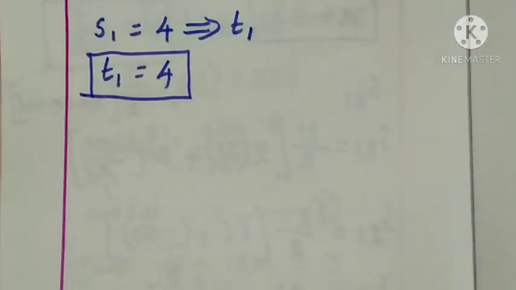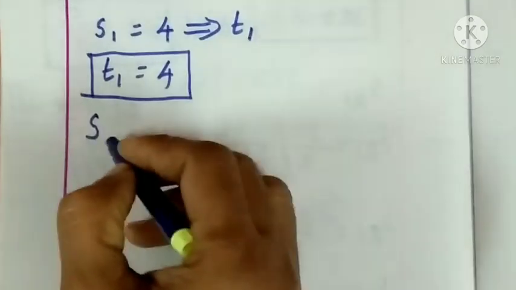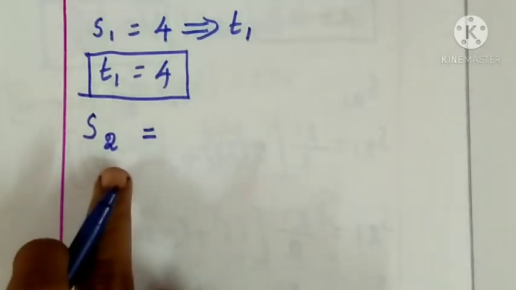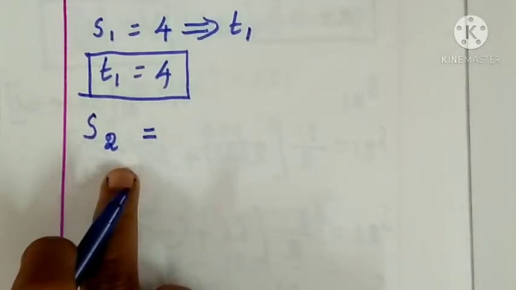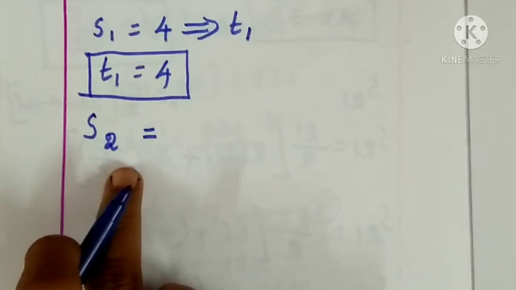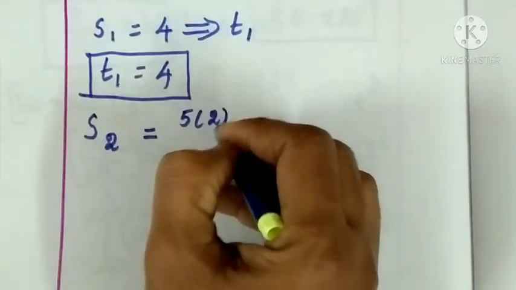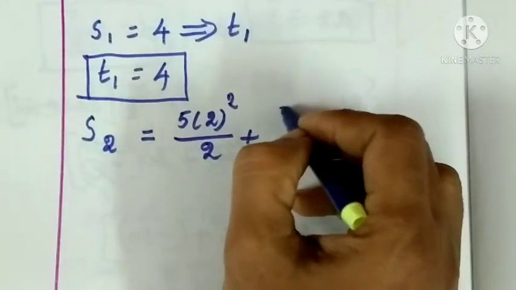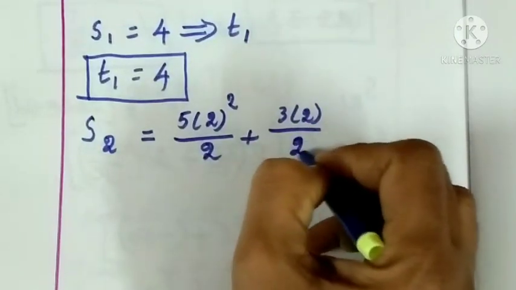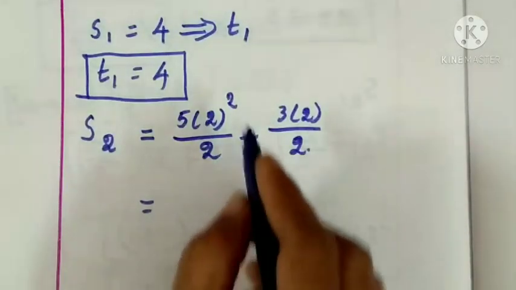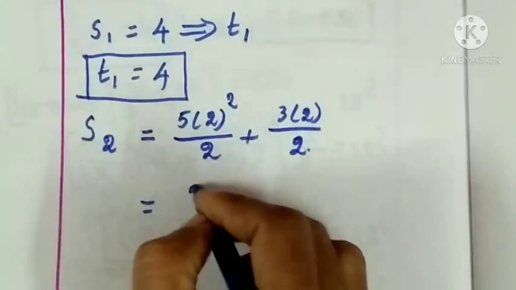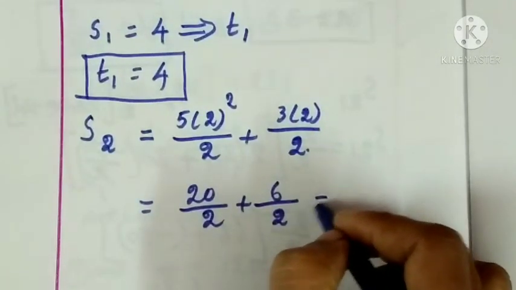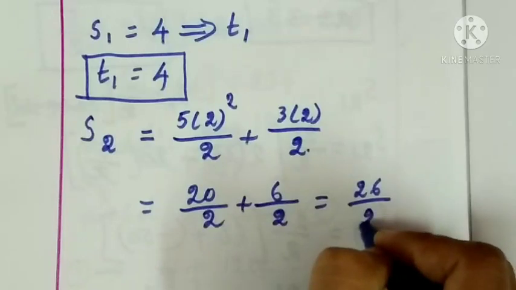Then next we have to find the sum of two terms, that is S2, for which you replace n with 2. It is 5 into 2 the whole square by 2 plus 3 into 2 by 2. Now simplify this, means we get 20 by 2 plus 6 by 2, which is equal to 26 by 2.